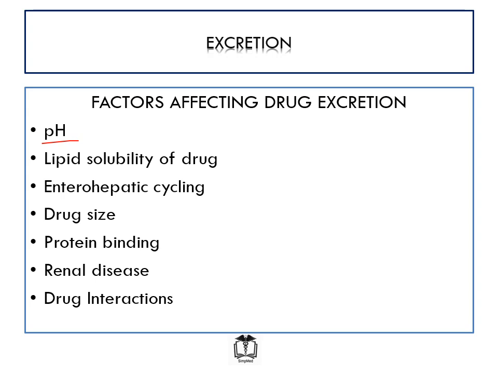We'll talk more about pH, but what you need to remember is that, in contrast with drug absorption, the golden rule for pH and drug excretion is that weak acids are better excreted in a basic environment, whereas weak bases are better excreted in an acidic environment. I'll explain that in the next slide.